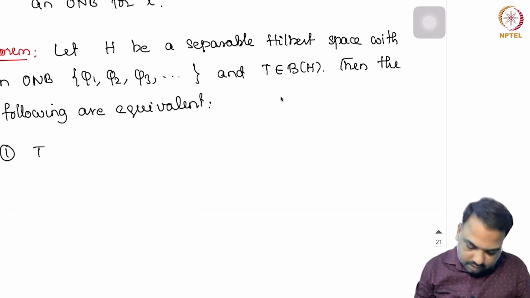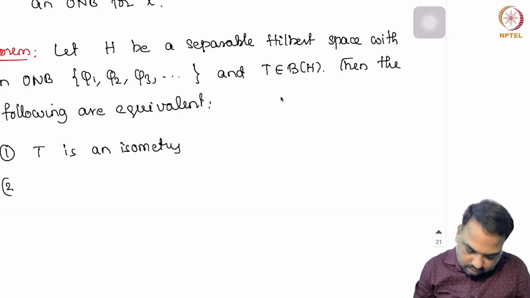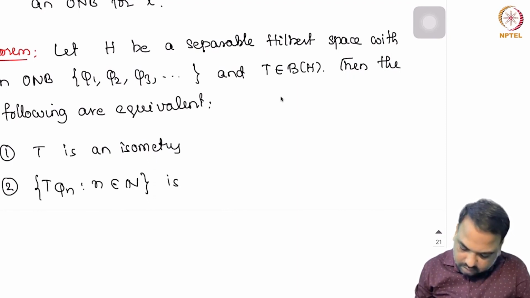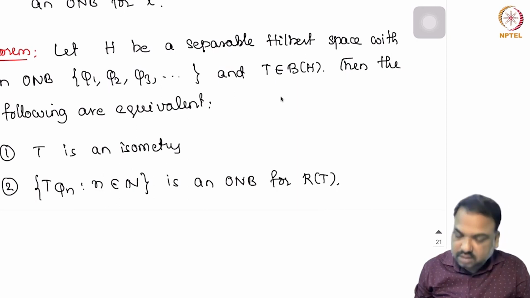The first one is T is an isometry. The second one is T of phi n is an orthonormal basis for the range of the operator.